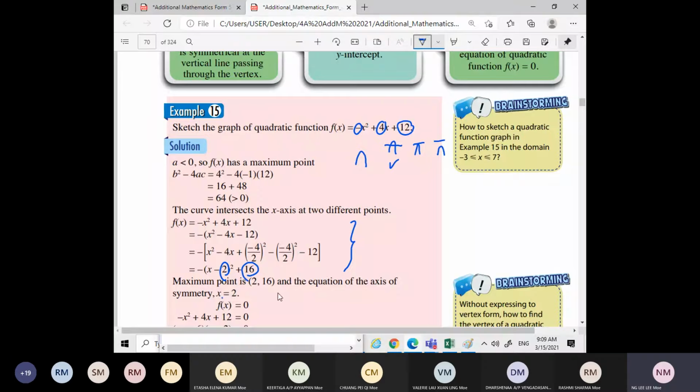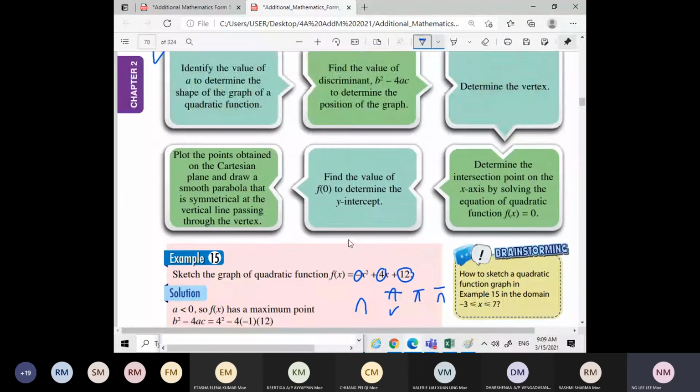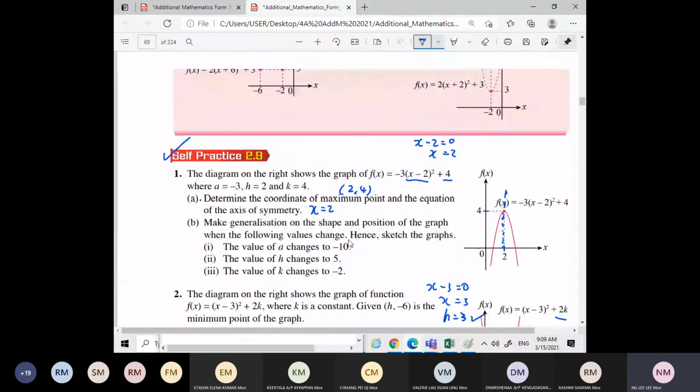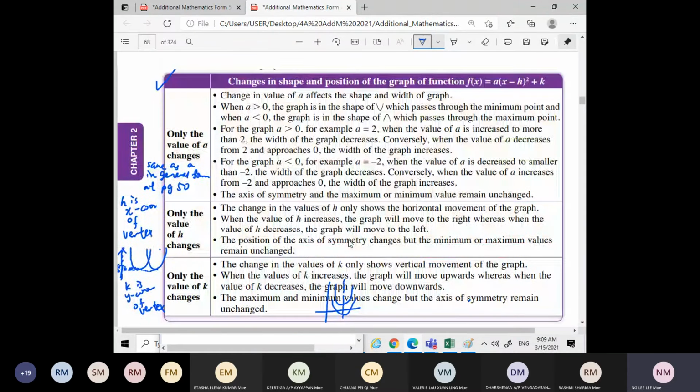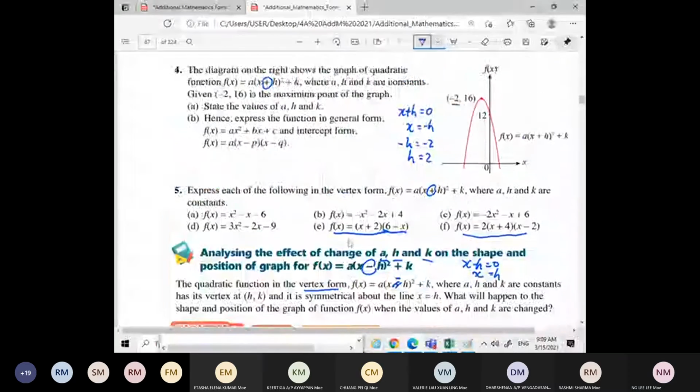If you don't want to do completing the square, you can refer back to your textbook, page 54. If in general form, how do you know the x coordinate for the vertex, if you still remember.